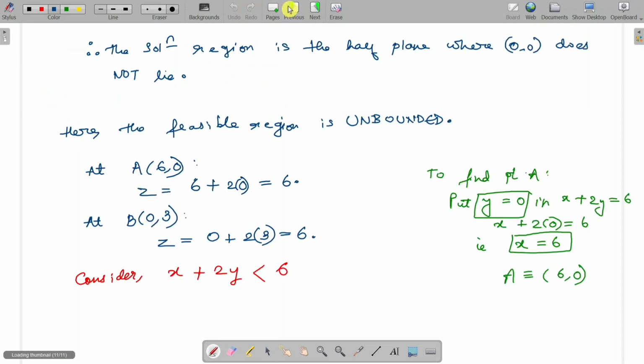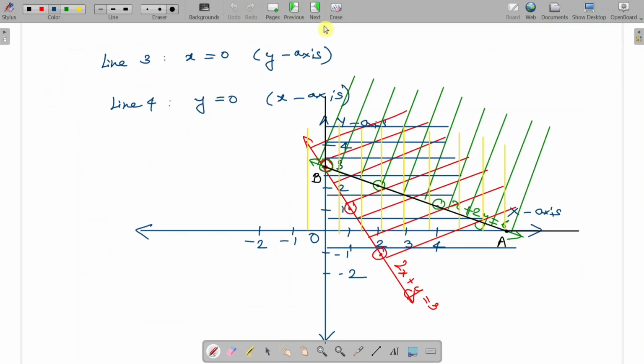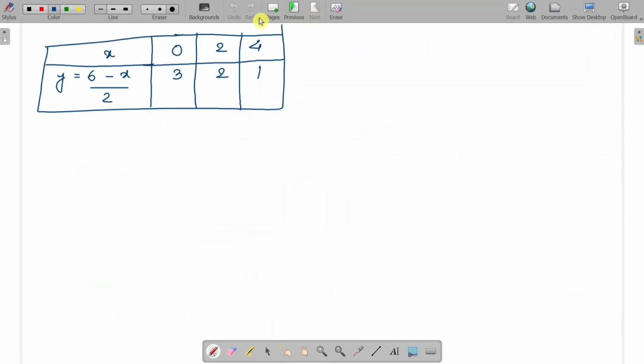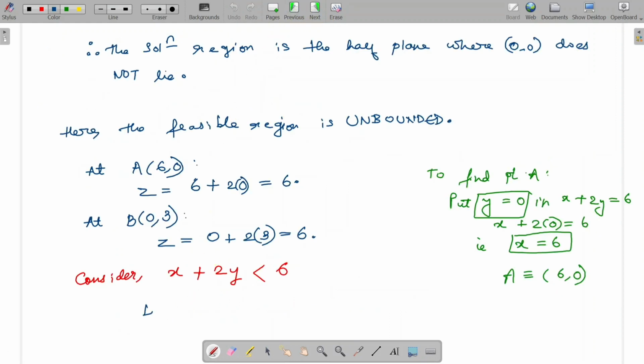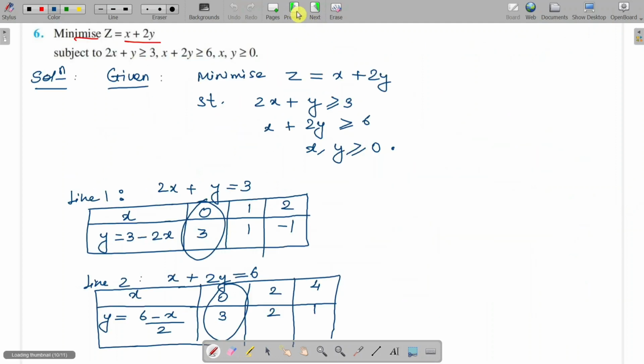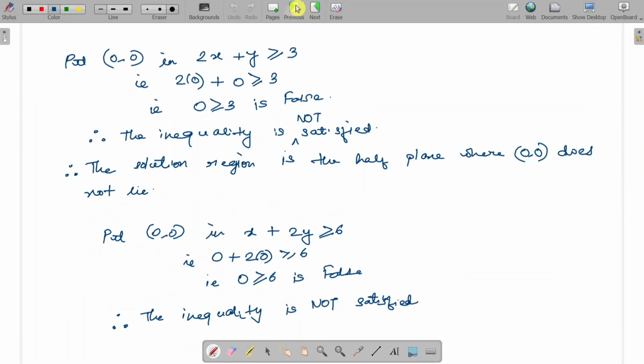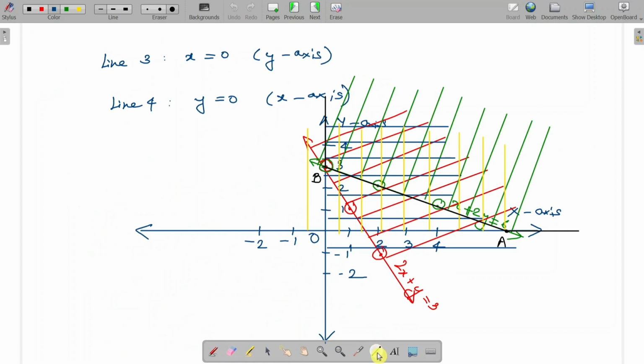And if we plot the line, what will you get? The line is actually x plus 2y equal to 6, and if you observe carefully, this line is the same as the second line of the problem, x plus 2y equal to 6. So that means the line that we have to plot is nothing but the green line only, right? This is the line that we have to plot.